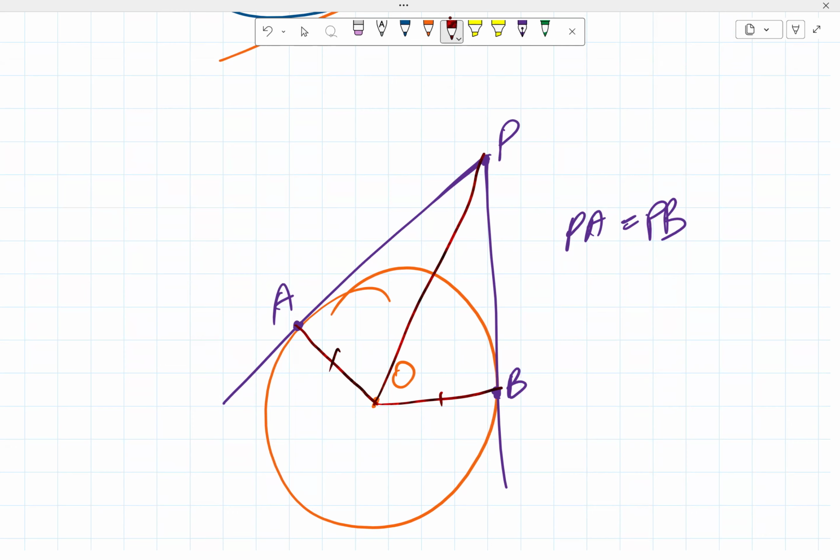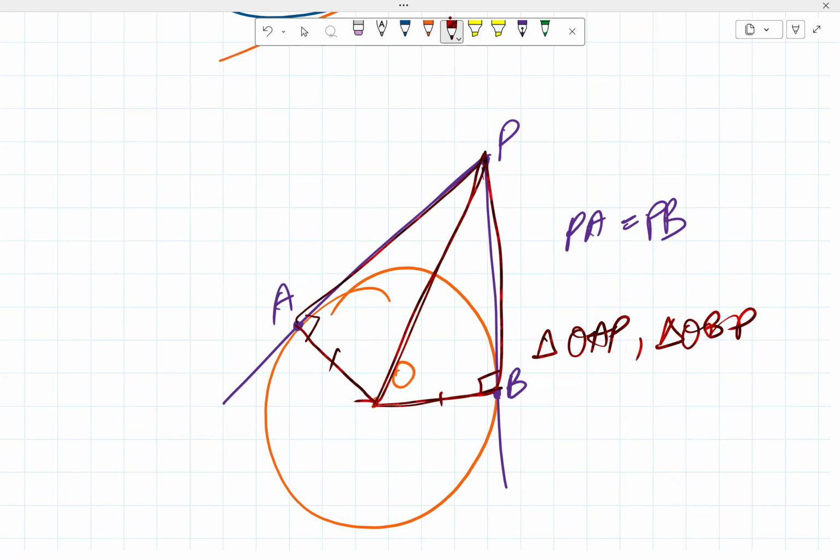After joining that, from theorem 6 we know that when a tangent touches a circle, it makes an angle of 90 degrees with the radius. We know that. So triangle OAP and triangle OBP are right angle triangles.